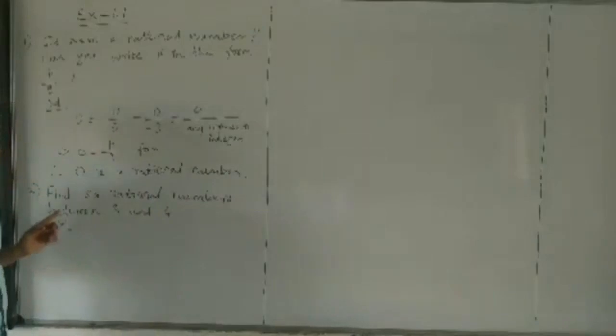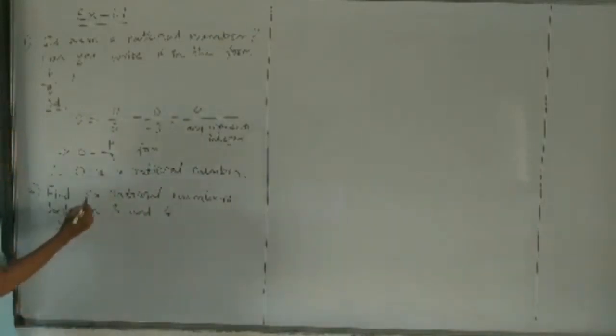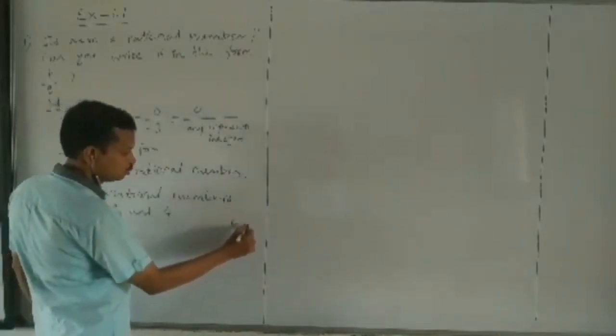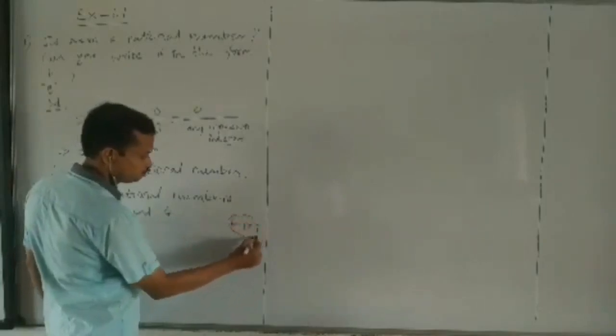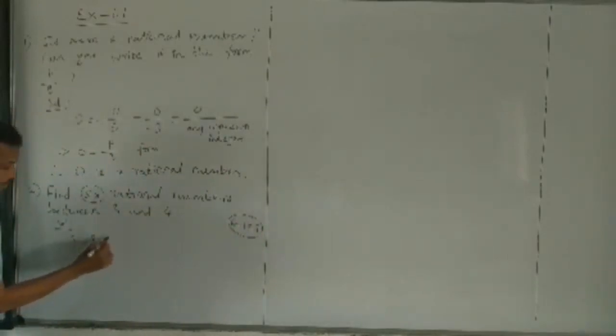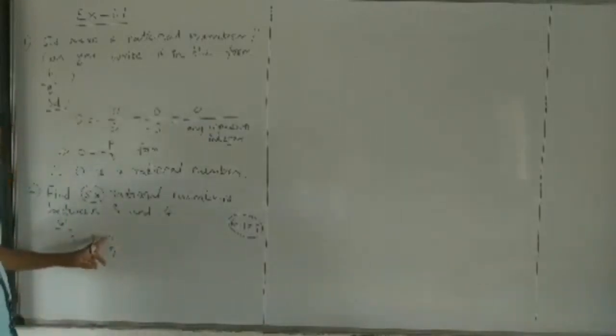Therefore 0 is a rational number. Now coming to question number 2. Find 6 rational numbers between 3 and 4. So how many are they asking? 6 rational numbers they are asking. So you take 6 plus 1, what is it? 7. And now in the solution, first number is 3. Just you multiply 3 into 7 by 7.